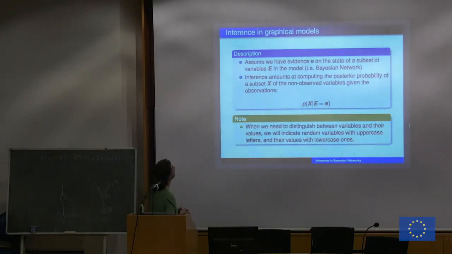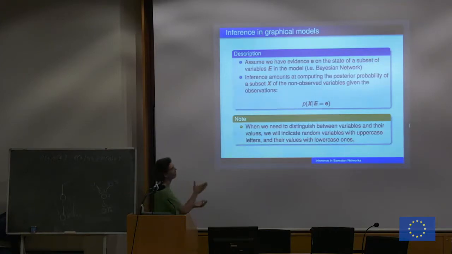Now, first of all, the typical task of inference, the same as we saw before, is that you want to compute the probability of some variable of interest given the evidence that you collected so far. In the previous case, the evidence was the gauge reads empty, the battery is flat, and so on.